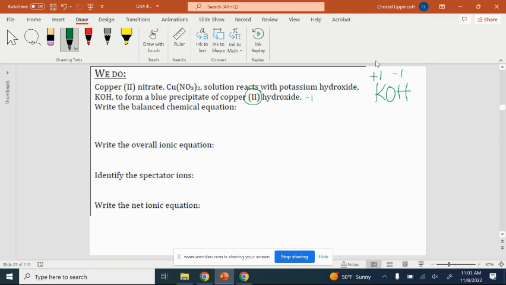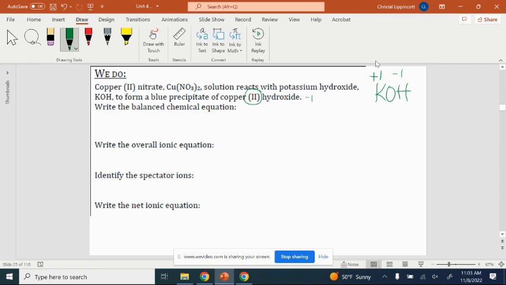With NO3, and copper goes with OH. Because OH is a -1 charge, and copper is a 2 because it says that we're using copper 2. OH is a polyatomic ion, so you do parentheses. Then when we write our overall ionic, we have to separate everything.